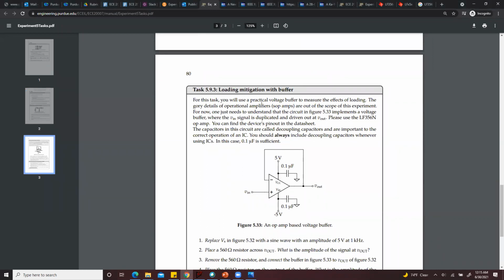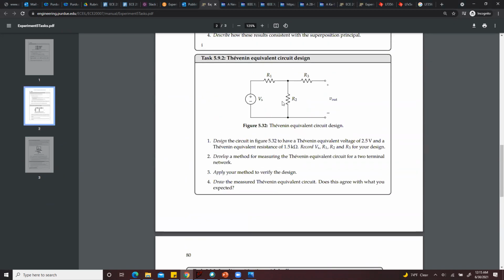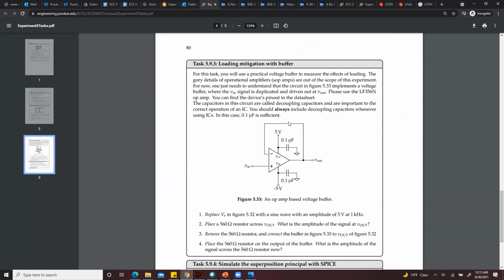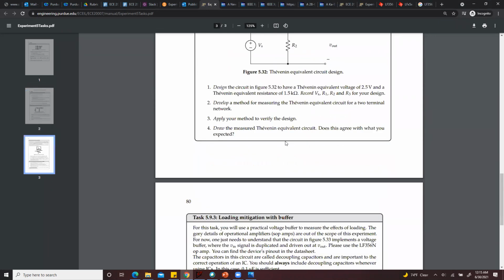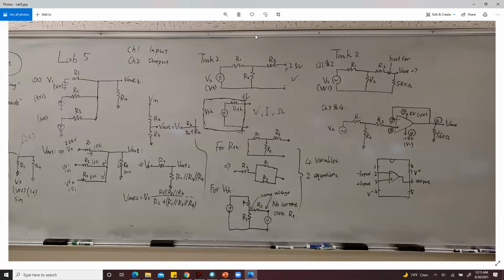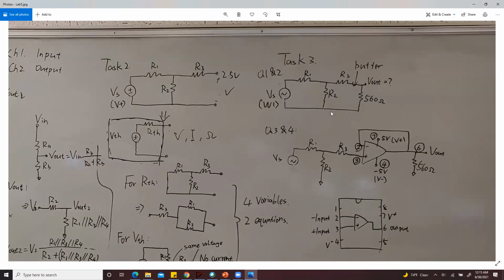Then task 3, buffer. Task 3 continues from task 2, so after you finish task 2, don't remove your circuit from the breadboard. You will use that circuit in task 3. Question number 1 and question number 2 continue with task 2.